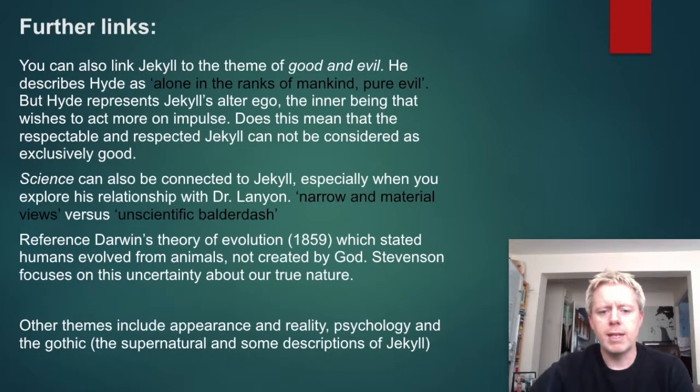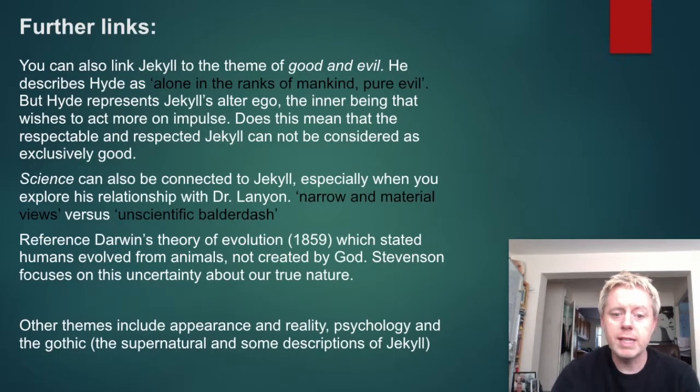Science can also be connected to Jekyll, especially when you explore his relationship with Dr. Lanyon. Narrow and material views versus unscientific balderdash. So you must reference Darwin's theory of evolution, which was only like 27 years before this book was published, which stated humans evolved from animals not created by God.